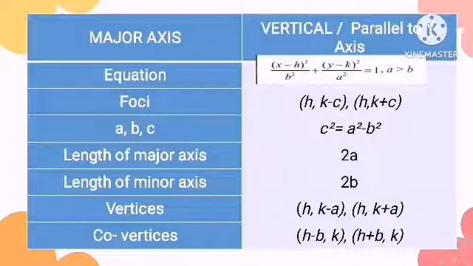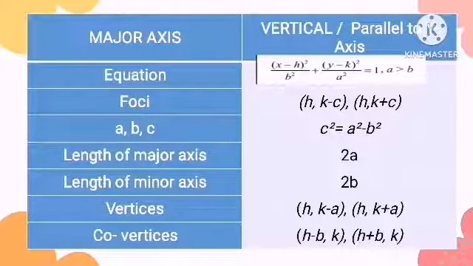In getting the equation, we must use the quantity (x minus h) squared over b squared plus the quantity (y minus k) squared over a squared equals 1, in which a is always greater than b. And for the foci, we will use (h, k minus c) and (h, k plus c).